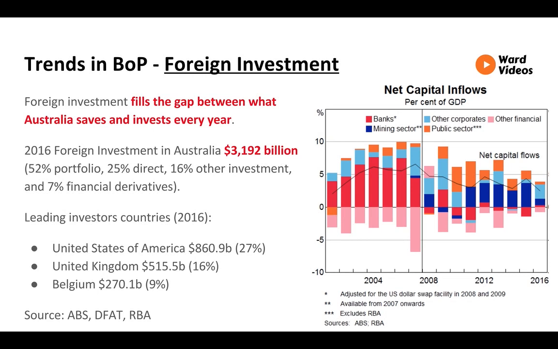Recently, there have been three noteworthy changes in the composition of these flows. First, most inflows to the mining sector are now direct funding from offshore, rather than reinvested earnings. Second, foreign investors have been more actively managing their holdings of Australian government debt securities. Third, regulatory reforms have led to changes in banks' short-term debt funding.